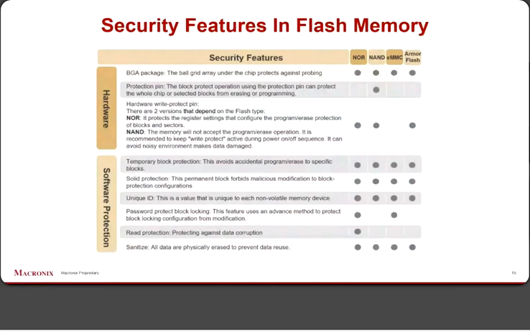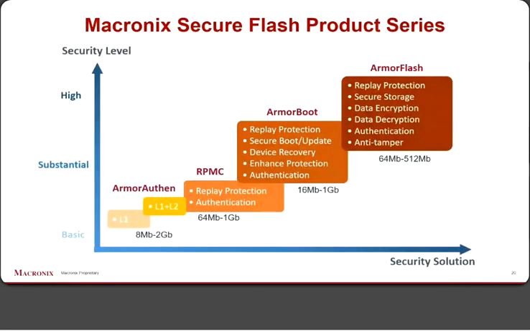So in terms of what is relevant today, I'd like to use our product line to show you what you would typically find when you were shopping around for a secure flash device. In our case, if you look on the far left, L1, L plus L2, that's the PKI scheme that I spoke about earlier. And that's built into a product that we call Armor Authent, so authentication.